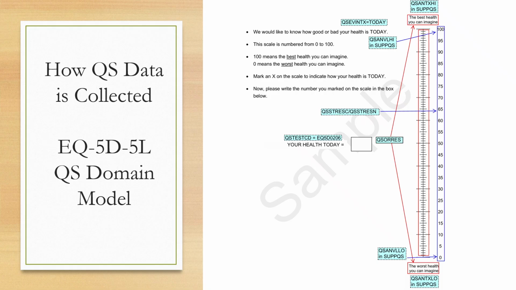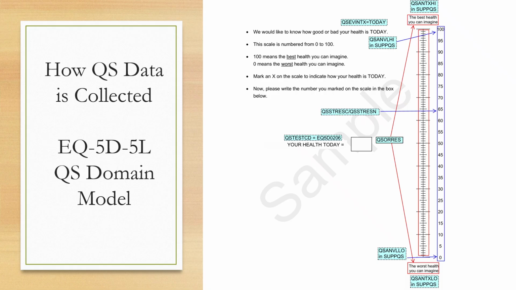Apart from this, we also have some values defined which are going to be populated in your subqual variables for this particular form in QS. We have two subquals: one for the worst health you can imagine, and one for the best health you can imagine. For the worst health you can imagine, you will have a subqual created with the text value.